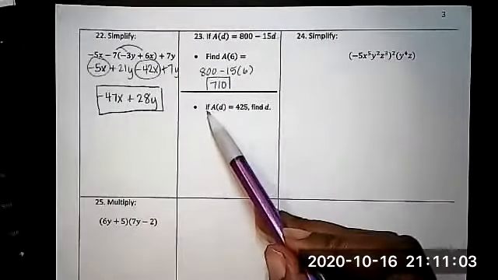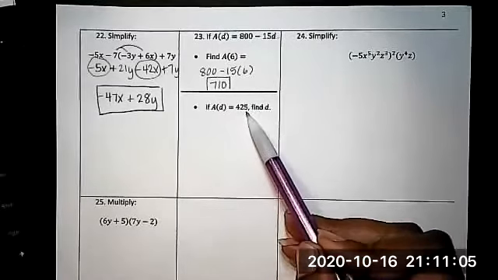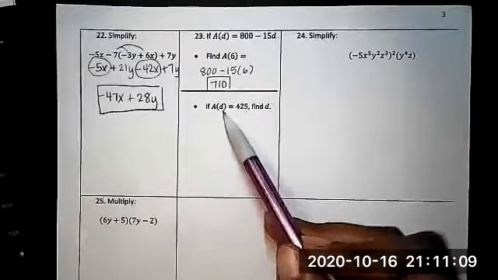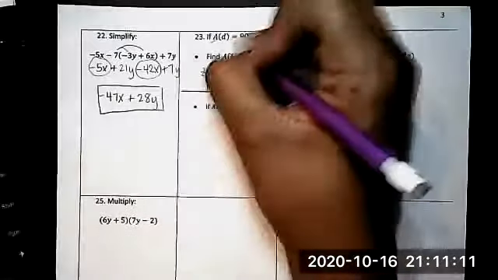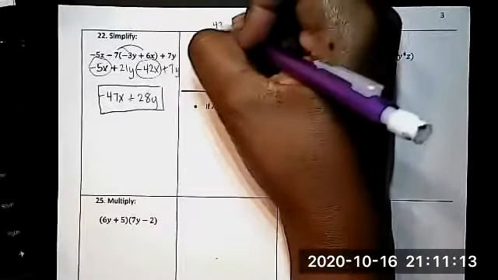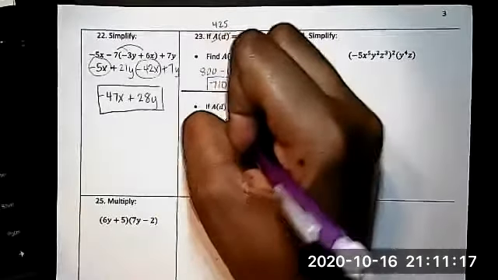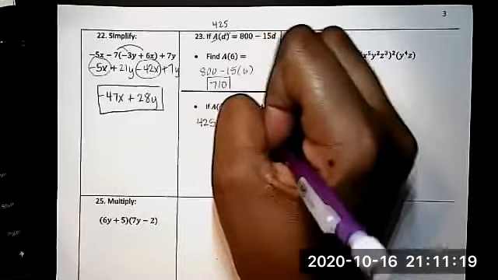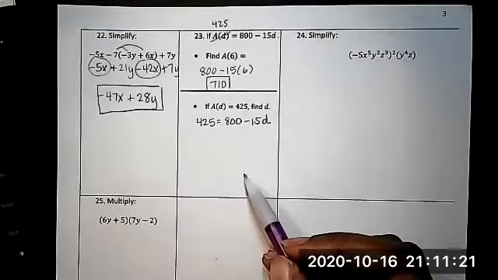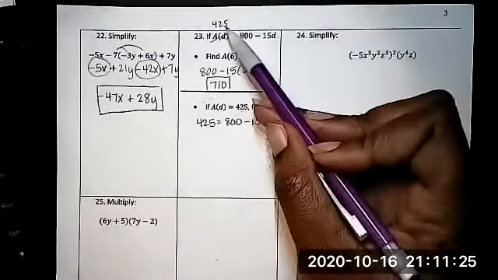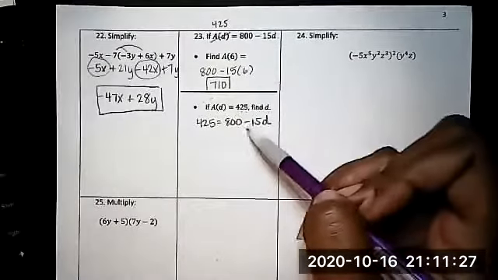Now they're saying, if A of D is 425, find D. So this whole thing here, they're saying is 425. So they're saying 425 is equal to 800 minus 15D. Okay, so all I did was replace A sub D with 425 here, and then everything else stayed the same.